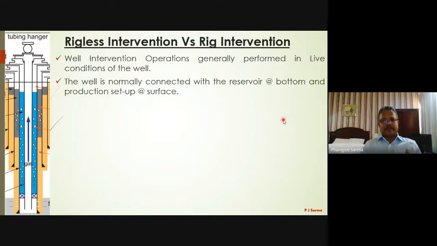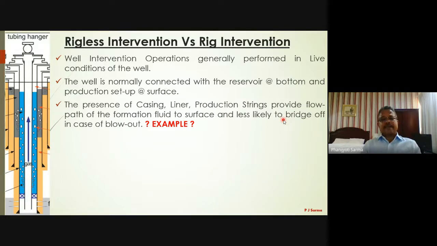So it is live well intervention. The barrier concept in the production phase, in heavy intervention, and in light intervention are completely different, and one needs to have a thorough understanding of these barriers so that he or she can plan and manage these operations.